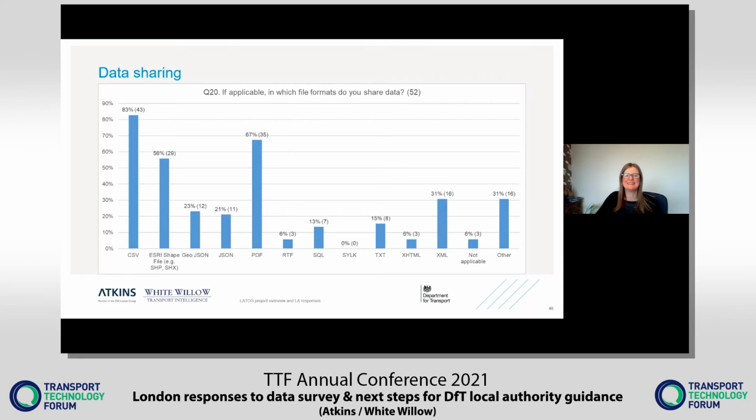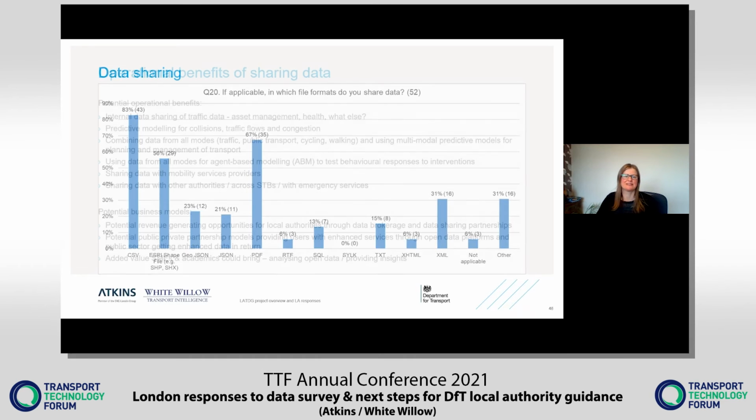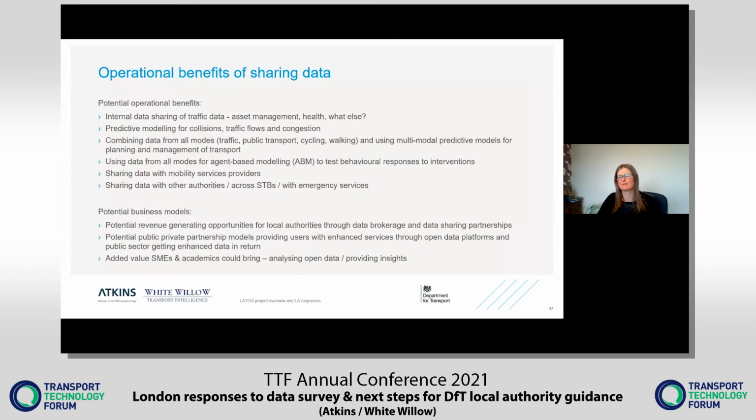And then in terms of file formats, again, the most common formats are fairly traditional, so spreadsheets and PDFs, that kind of thing. Okay, and then the next slide, that is all the main findings about how authorities currently share their data.